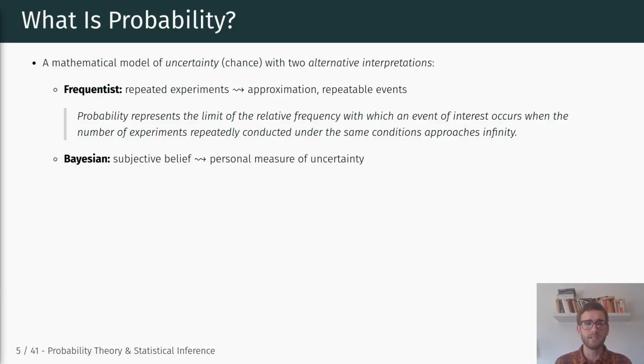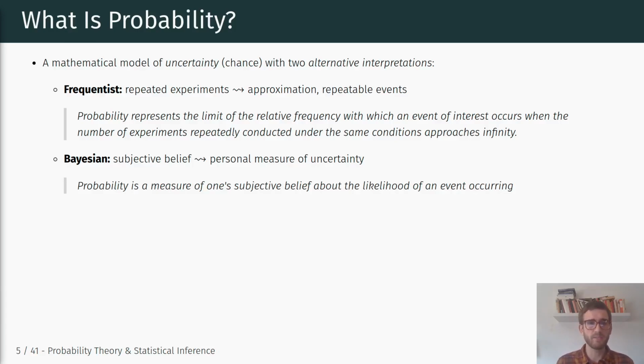And then on the other hand, we have the Bayesian interpretation of probability, right? And here we're not talking about repeated experiments and the relative frequency over repeated experiments, but rather the Bayesian interpretation of probability is one of a subjective belief, right? So probability here is a personal measure of uncertainty, okay?